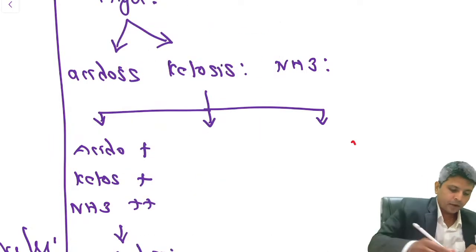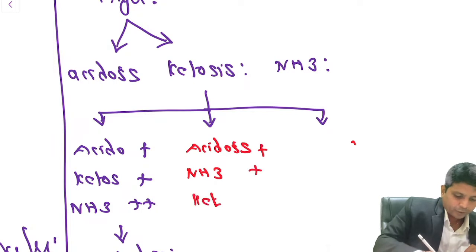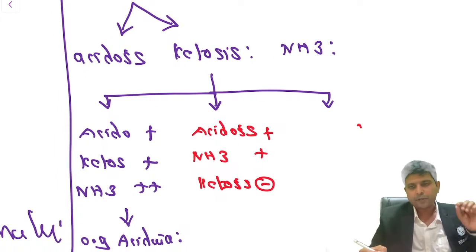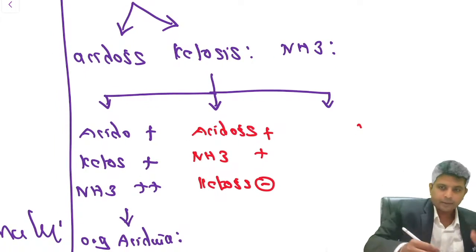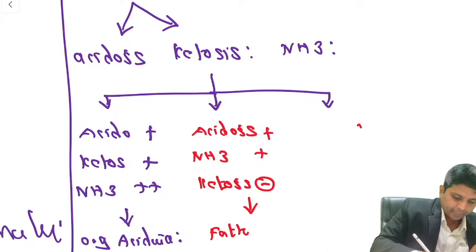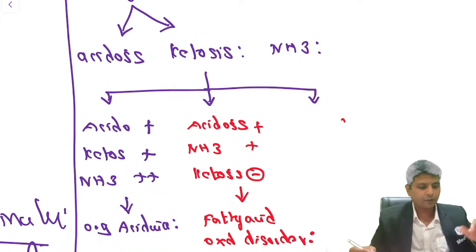Second, when acidosis is present, ammonia is elevated, but ketosis is absent. This is the most common MCQ. In the absence of ketosis, always think in terms of fatty acid oxidation disorder.